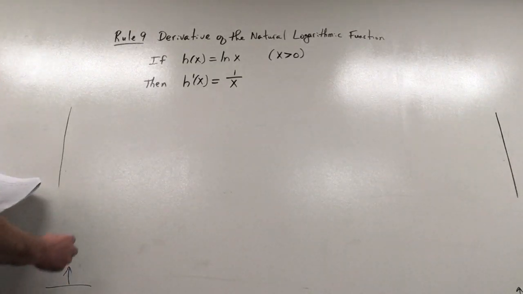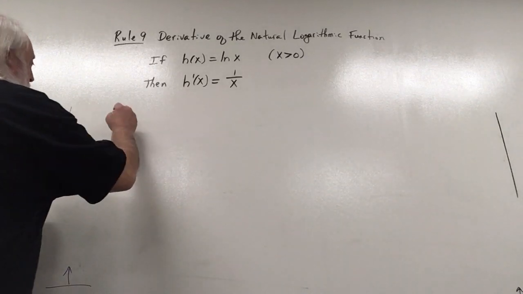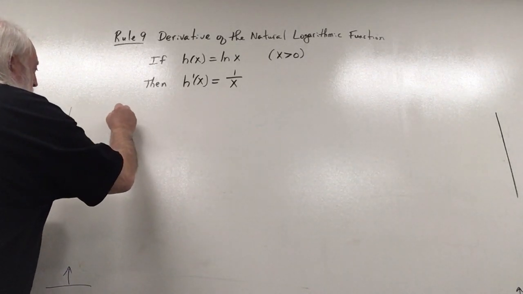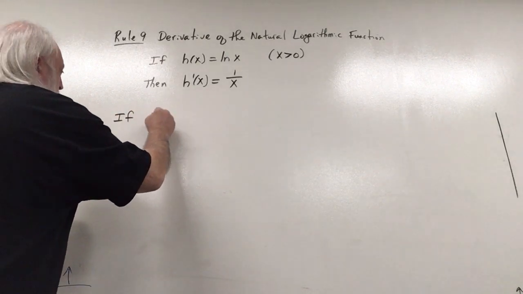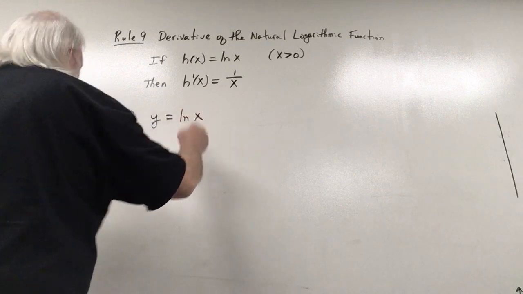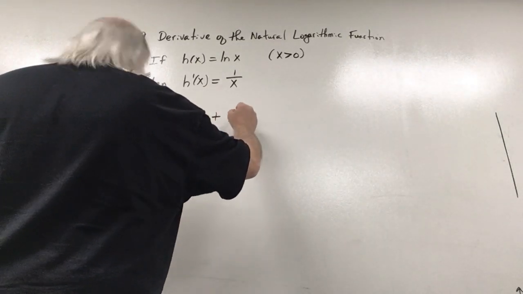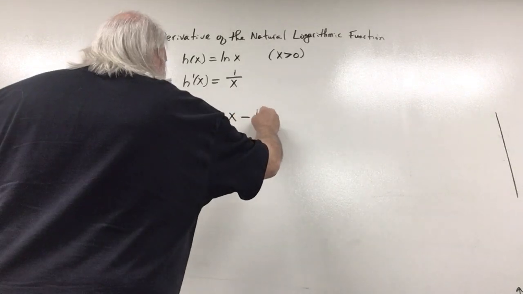So in your first example, now I'm on page 20 of your note packet, we have y is equal to the natural log of x plus x minus the natural log of 4.